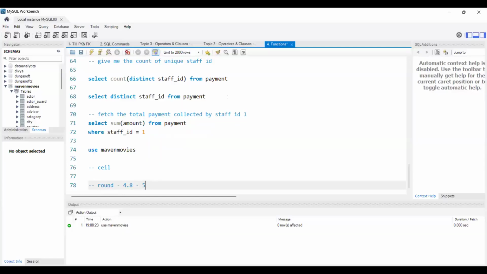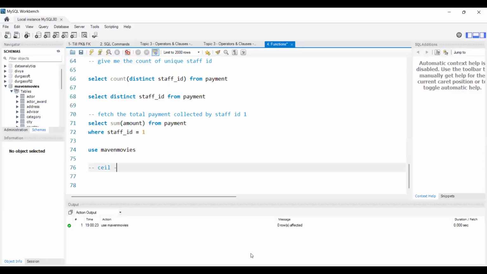When we want to round a number to specified decimal points, I guess most of us already know about round. If it is 4.5, we look at the value after the decimal point. If we have 6, 7, 8 and 9, we round it to the next value. Or else if we have something like 4.2, we will round it to 4, right? All right, so this is about round.